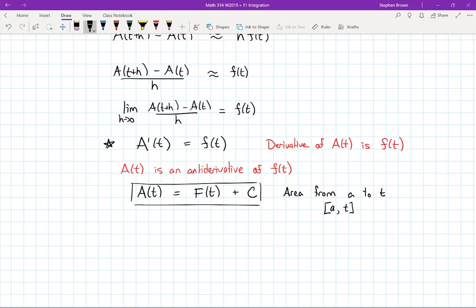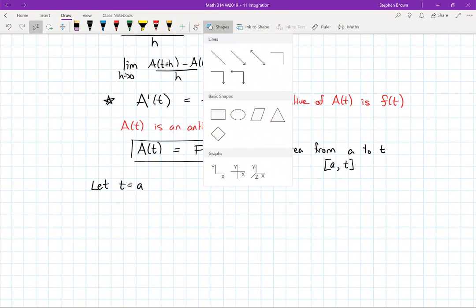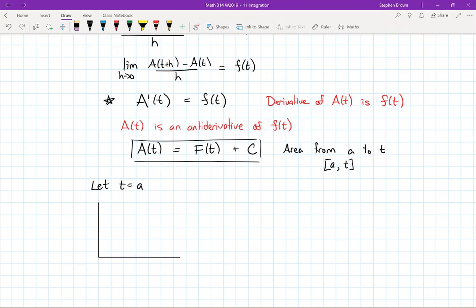Now, a couple special cases will allow us to figure out the constant and the total area. So let's start off with one particular value of t. Let's let t equal a. Now this would be graphically kind of a silly case where we've got our function.